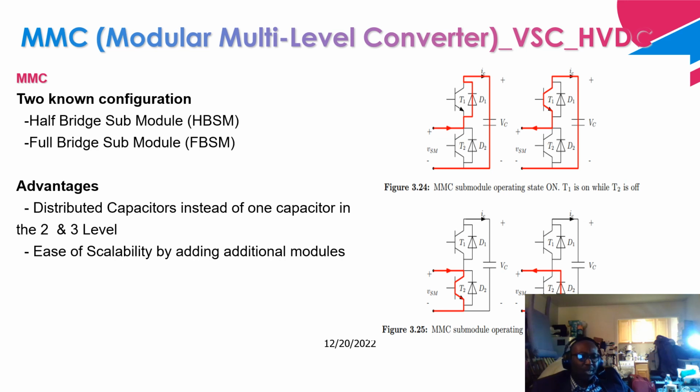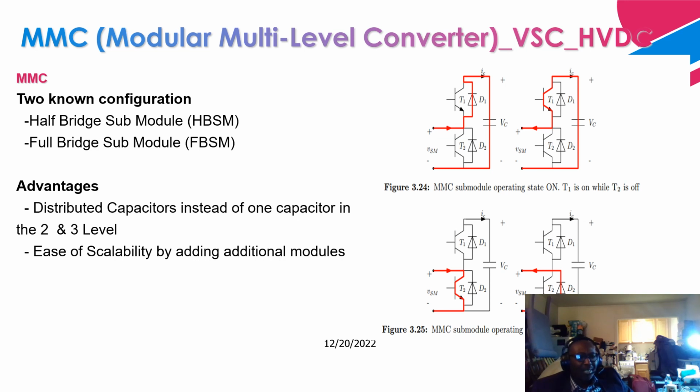For the half-bridge submodule, basically it has a lower amount of IGBTs. It is utilizing 2 IGBTs compared to a full-bridge submodule that is utilizing 4 IGBTs, right? So that is the difference, right?